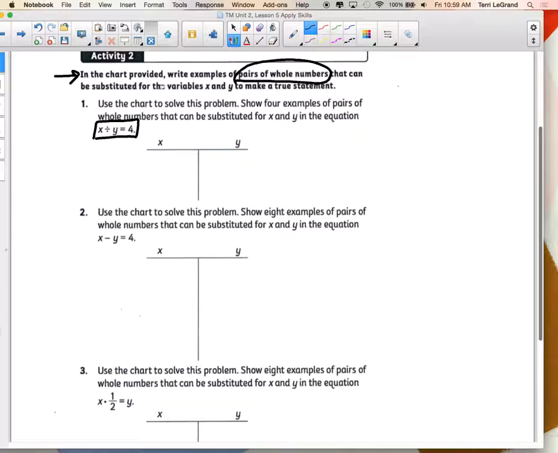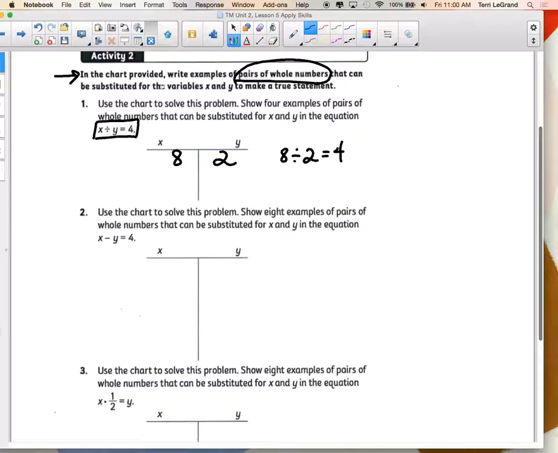Well, we know what the whole number set looks like now, right? So we need a number for x that when you divide it by the number you choose for y, you get the quotient 4. Can anybody give me a pair of whole numbers that when you divide them, you get 4? Celia? 8 and 2, okay, so when x is 8, y is 2, in other words, 8 divided by 2 equals 4.